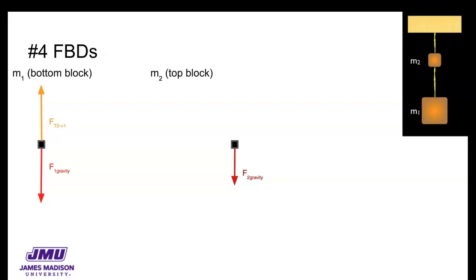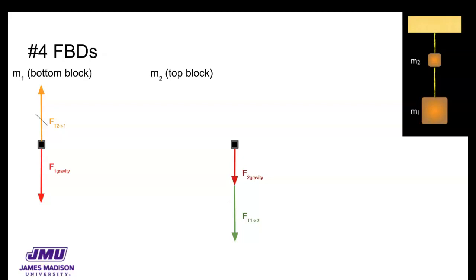I also know that mass 2 has a tension force pulling down on it. You might call that the weight of mass 1, and I would not. And the reason I wouldn't do that is because what this is actually the tension force of mass 1 pulling on mass 2.